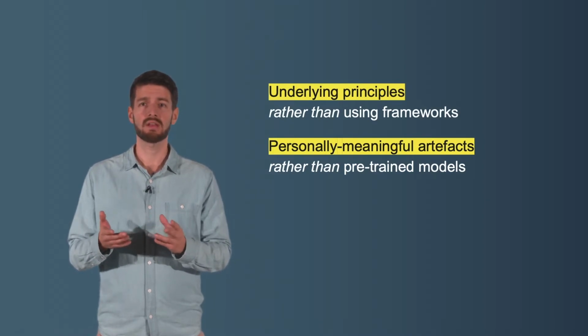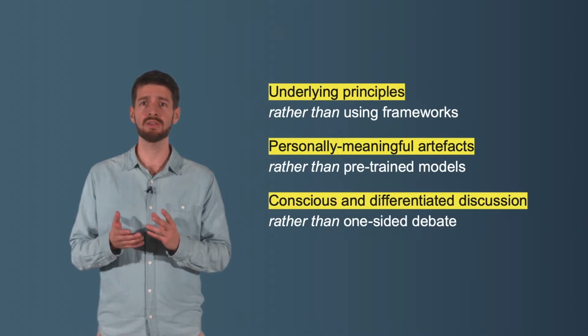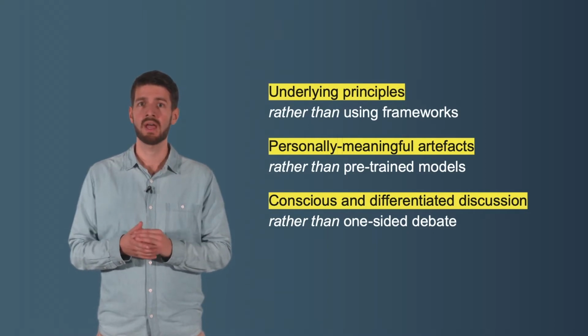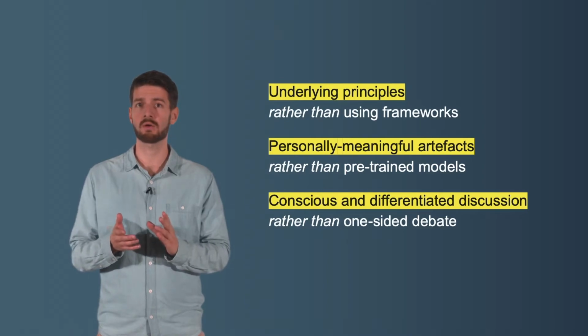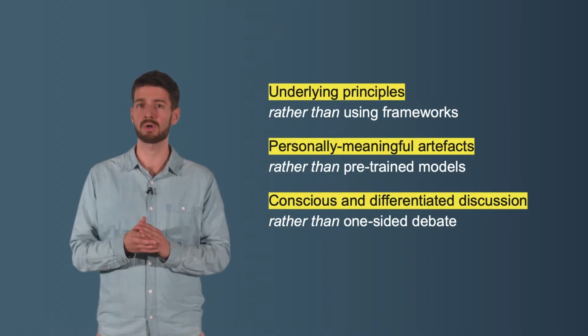In addition, only a look at the underlying principles will enable students to discuss the topic of AI in a differentiated, unbiased manner, as opposed to being part of a one-sided debate by either solely focusing on hyping the potential or exaggerating the societal risks of AI.